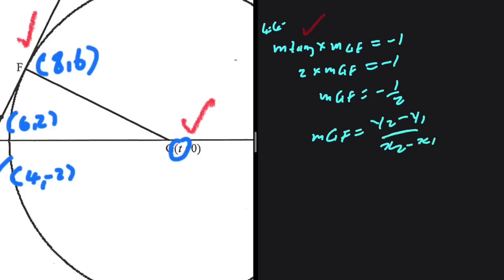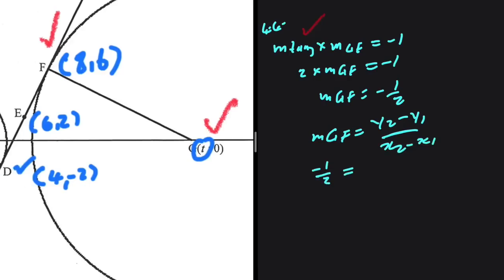So we have minus 1 divided by 2 being equal to y2. Let's take F as our second point and G as our first point. If we do that, y2, so F as our second point, that's going to be 6 minus y1, which is y of G, 0, divided by x2, 8 minus t, okay?